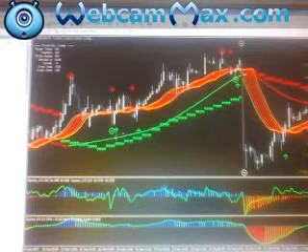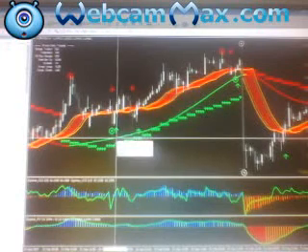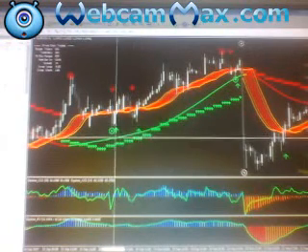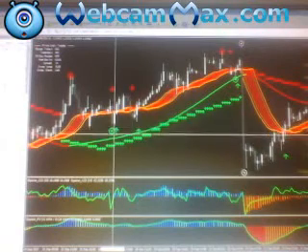Alright, right here we have another entry point, a buy entry. The large green arrow has appeared, the trend line is green, so it's an uptrend, and the previous ring is below the price, as you can see clearly.